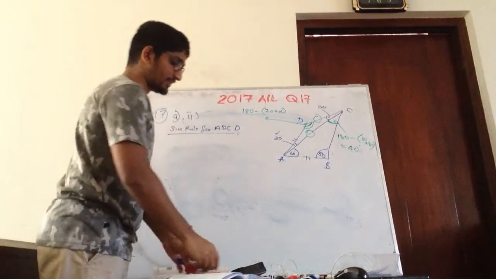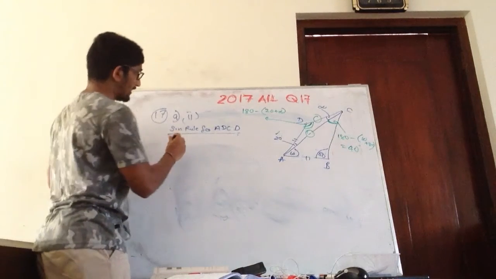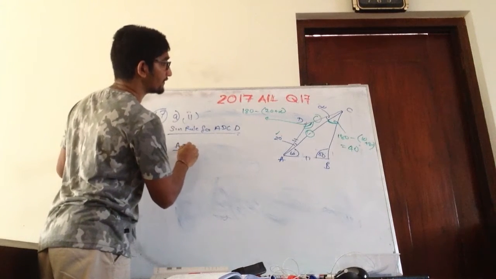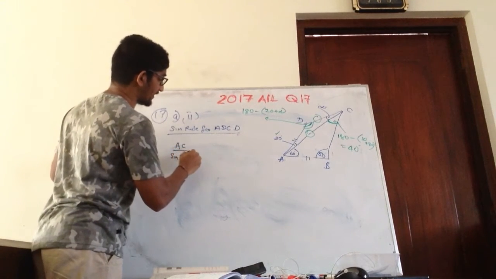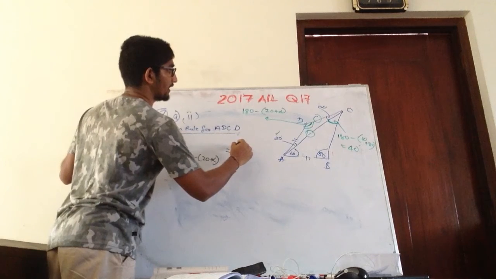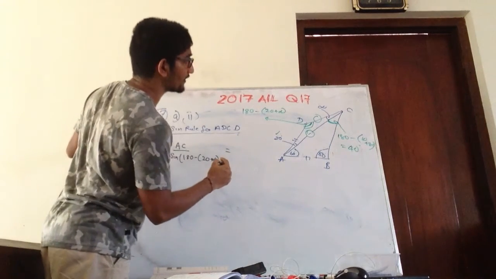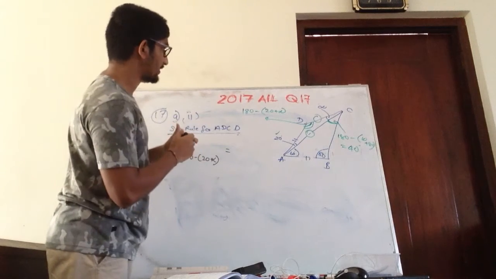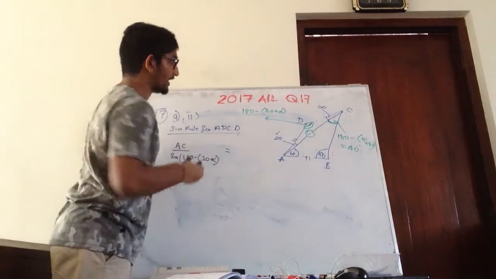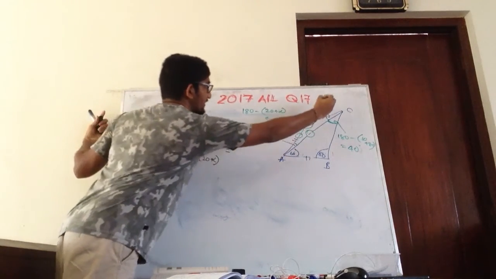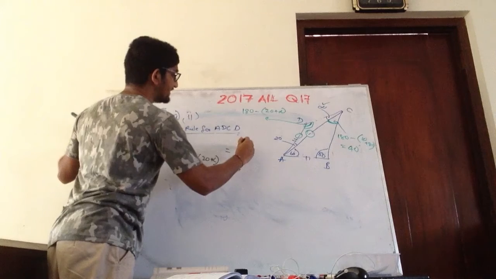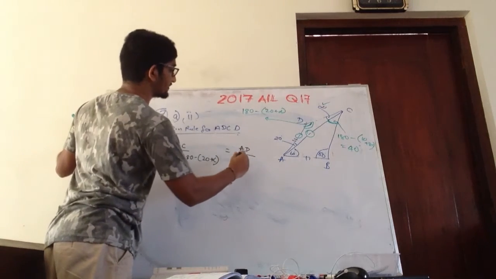Now let's take the angle. Then I will get AC over sine(180 minus (20 plus alpha)) equals AD over sine alpha.